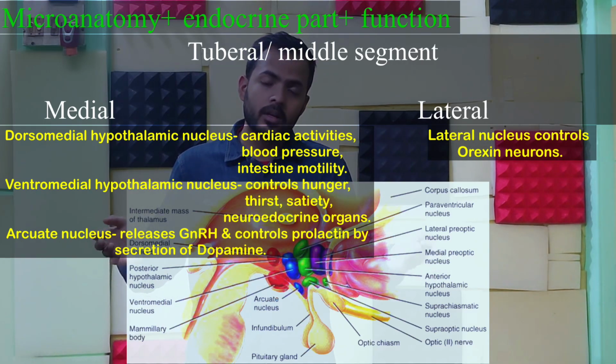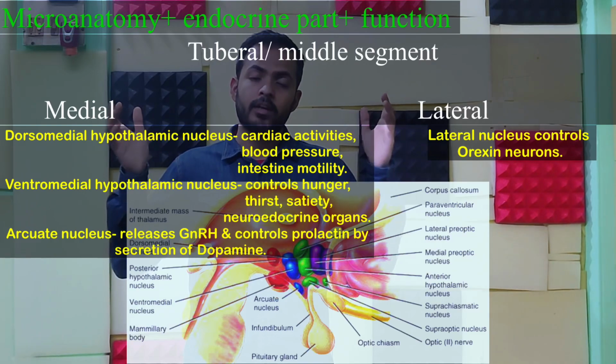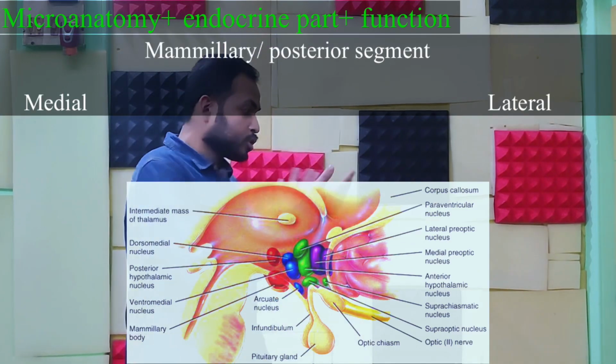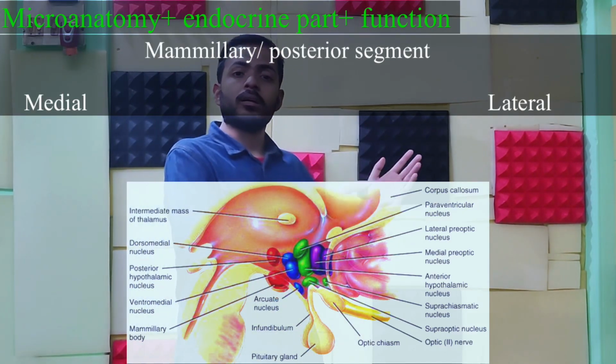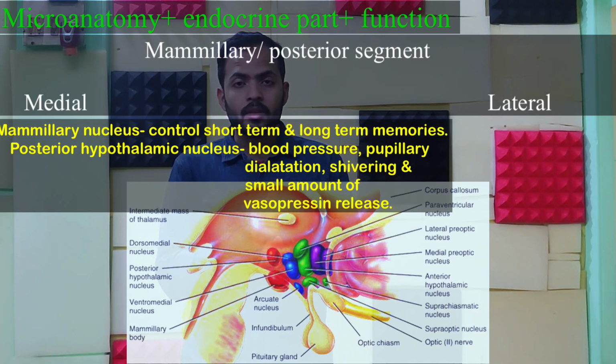And in the lateral part, as I said, throughout the hypothalamus, in the lateral segment you will get the special orexin neurons. And in the posterior segment, or the mammillary segment, first of all you will get the mammillary nucleus. This nucleus controls our memory, short-term memory, long-term memory. Second, you will get the posterior nucleus.